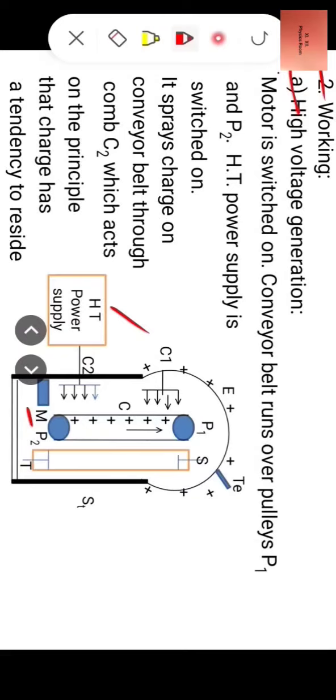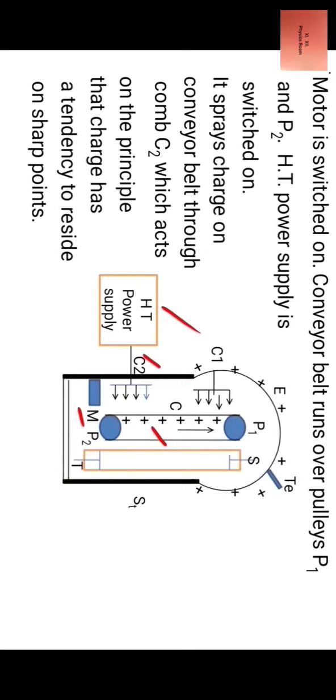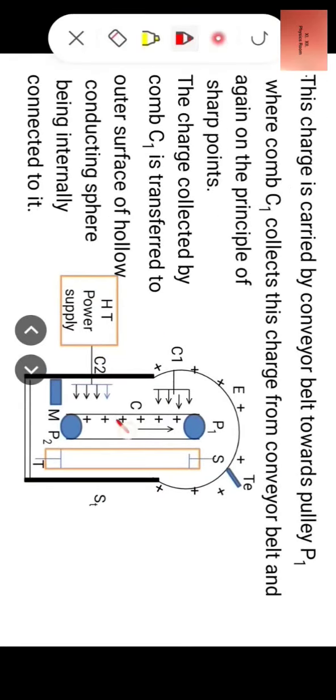It supplies charge on the conveyor belt through comb C2, which acts on the principle that charge has a tendency to reside on sharp points. This charge is carried by the conveyor belt towards pulley P1, where comb C1 collects this charge from the conveyor belt, again on the principle of sharp points.